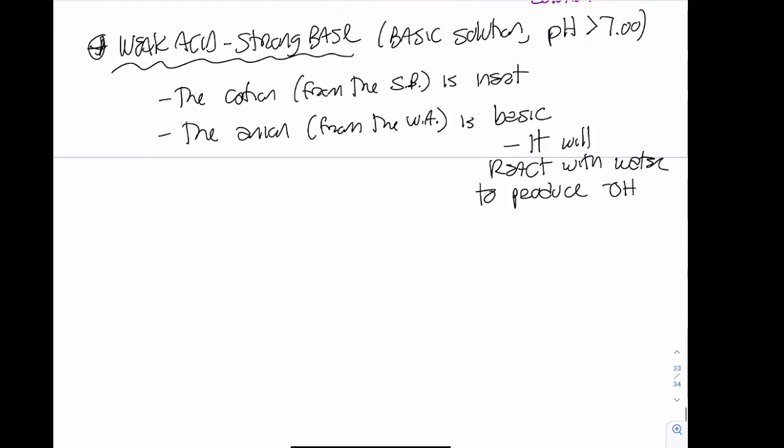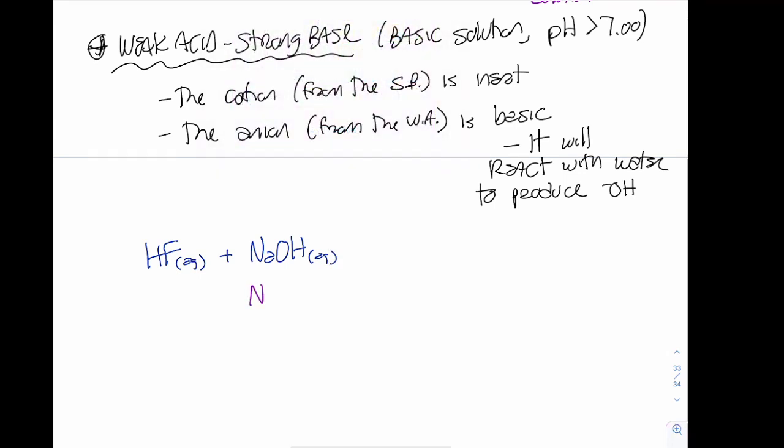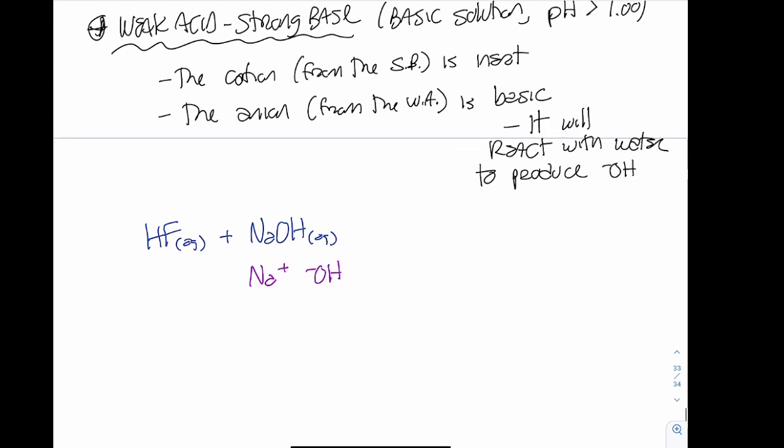An example, we'll use hydrofluoric acid and sodium hydroxide. And remember, sodium hydroxide is a strong base. It's completely ionized or dissociated in solution.